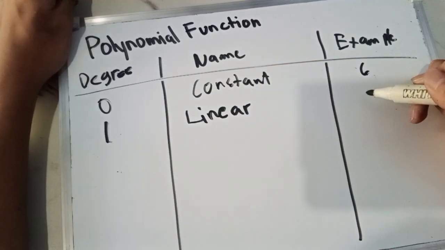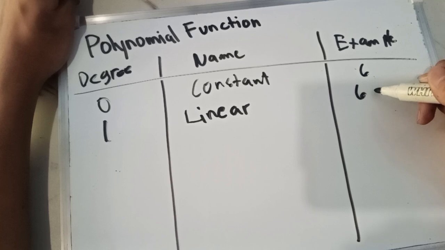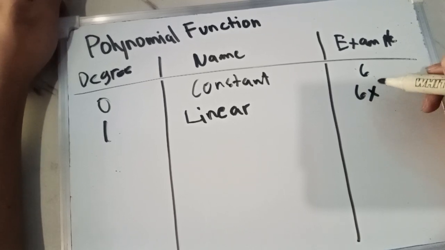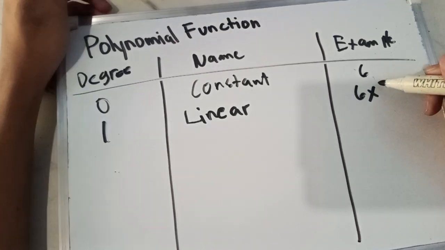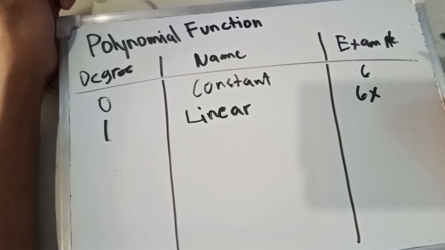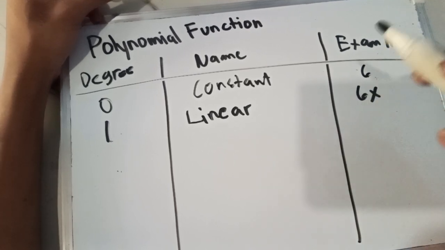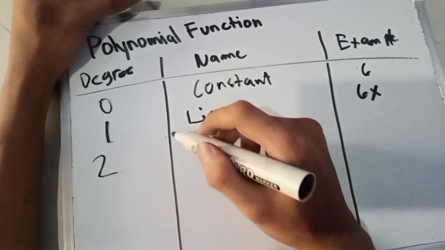Anything with a variable that's raised to 1. So, for example, 6x. This is linear because it is automatically x raised to 1. It is redundant to write 1. So this is linear. Now, with a degree of 2, this is called quadratic.